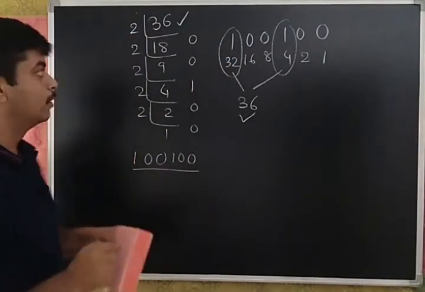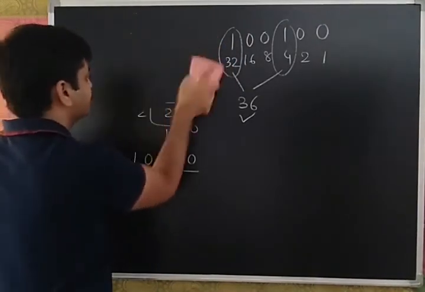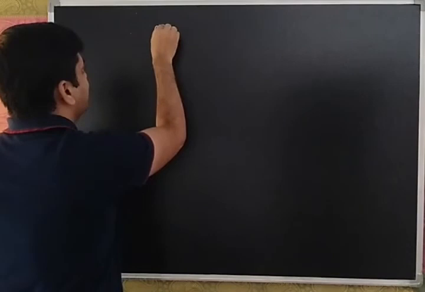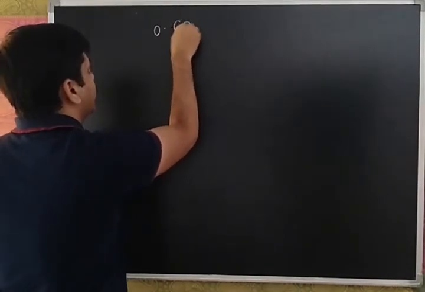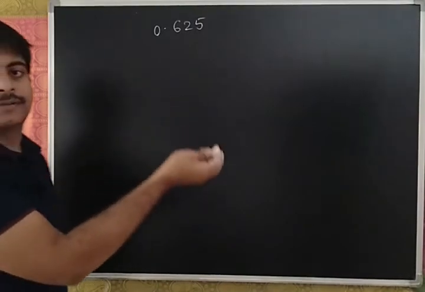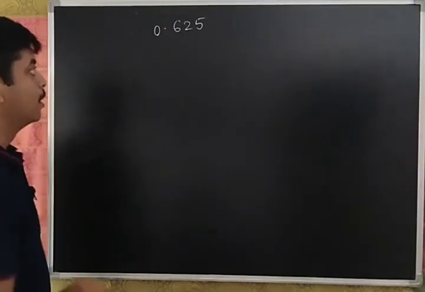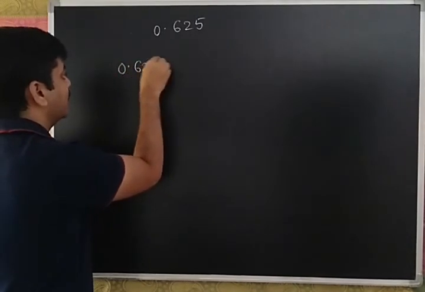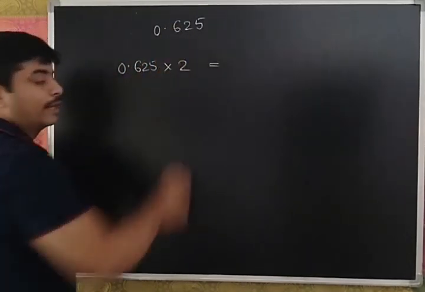The same way goes for its fractional part. Let us say 0.625 in the decimal system, and we need to convert it into the binary system. What will we do here? 0.625 into 2.